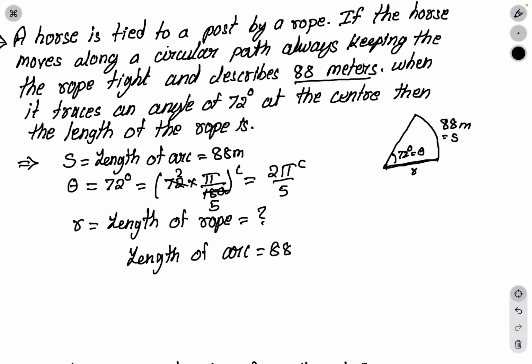Formula of length of arc is S is equal to R theta. So R theta is equal to 88, so R into 2 pi upon 5 is equal to 88.